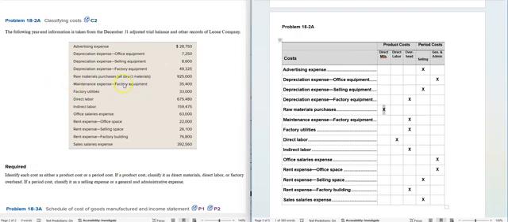Maintenance expense on the factory equipment. Again, these expenses relate to the factory where we are making the product. If it is a cost of making the product, right away we know it is going to be a product cost. The maintenance expense has nothing to do with the materials going into the product.